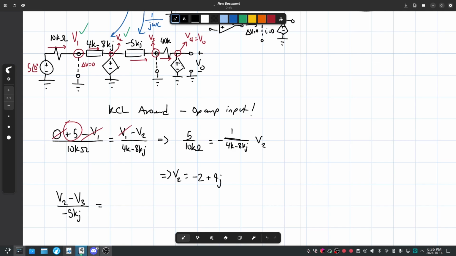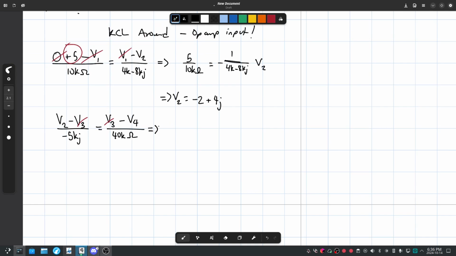And that's equal to, coming out, it's going to be V3, we're starting at V3, minus where we're ending up, V4, over 40,000 ohms. And once again, we can do the same thing we did here. This is connected to ground. The voltage difference is 0. So V3 has a voltage of 0 compared to ground. We can cut that out from our equation.